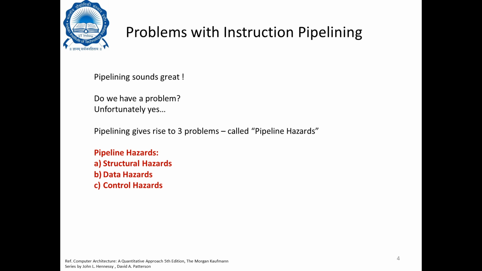Pipeline hazards could be of three different types. The first is structural hazards, second is data hazards, and third is control hazards. These three individual hazards may result in pipeline interlocking, as a result of which the performance may get hindered. It may create a bottleneck for the performance enhancement.